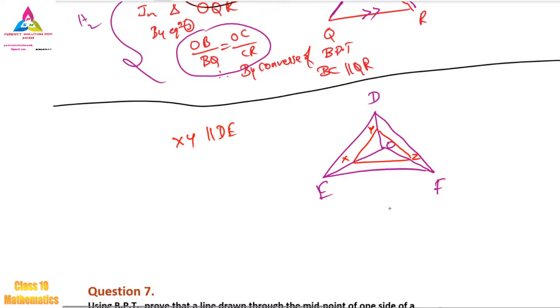Which is the common thing you are going to take now? If you want to prove XY and DE as parallel, which are the things you will consider over here? Which are the triangles you will consider? Which is the common side you will consider? Quickly. If you want to prove XY is parallel to DE, which are the triangles you will consider, or which is the common side you will consider?